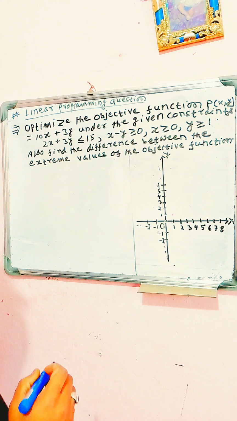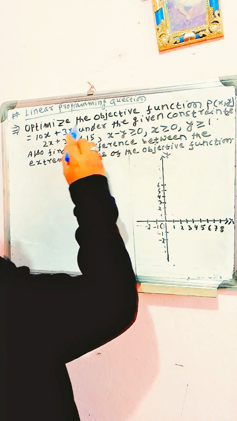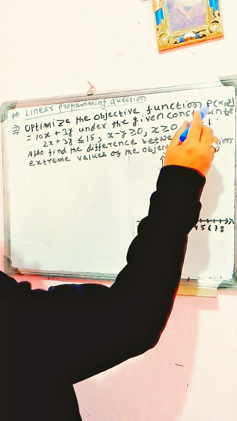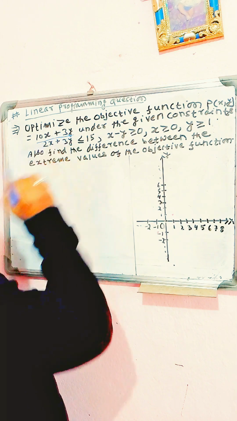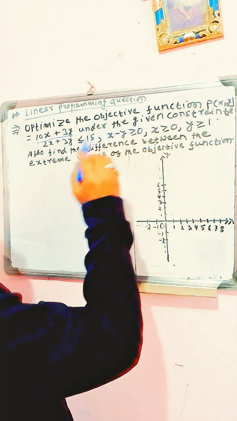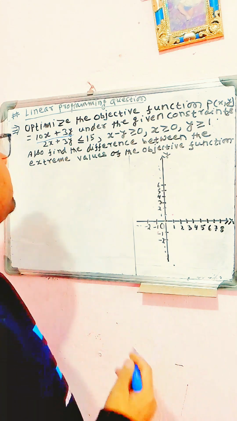The problem states: optimize the objective function P(x, y), which is given as 10x plus 3y, under the given constraints. Constraints means the limitations within that boundary.